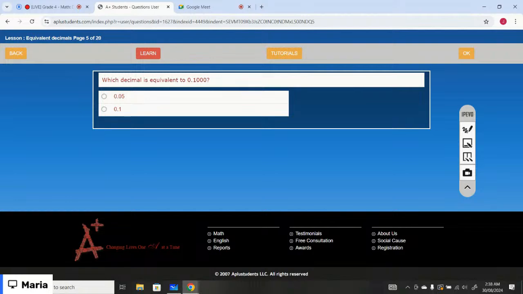Which decimal is equivalent to 0.100? Which is the correct option? The correct option is option number 2, that is equivalent to 0.1. Which decimal is equivalent to 0.0000?